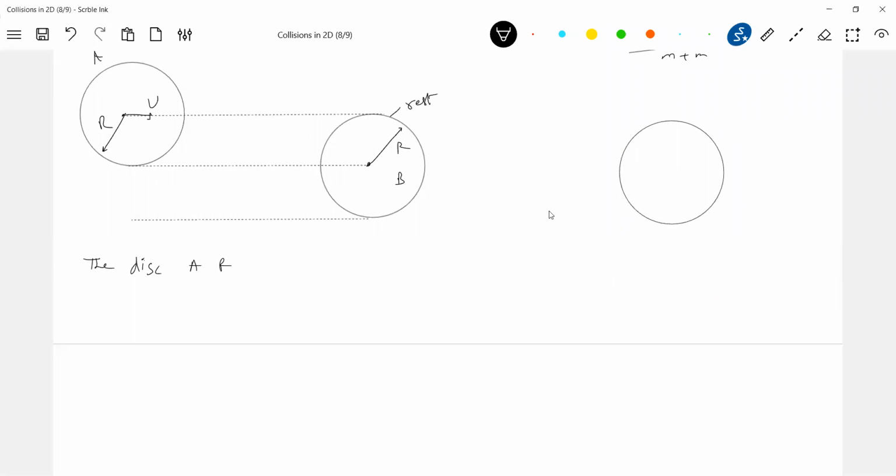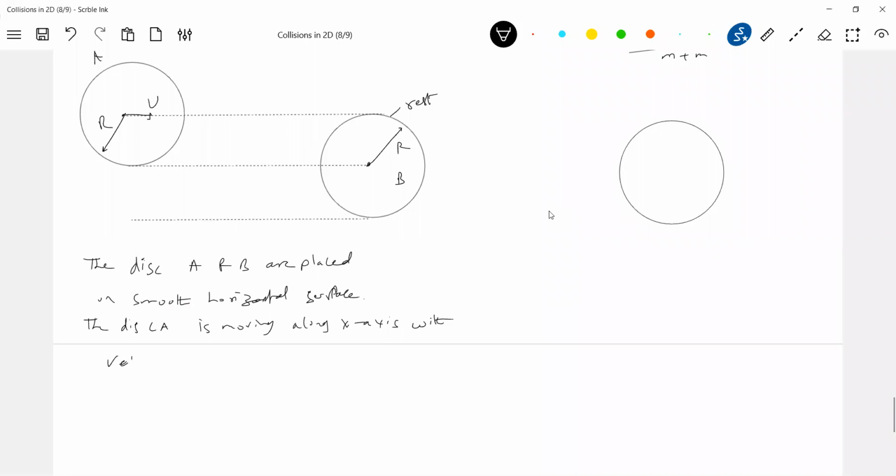The disks A and B are placed on a smooth or gentle surface. The disk A is moving along the x-axis with velocity u as shown.